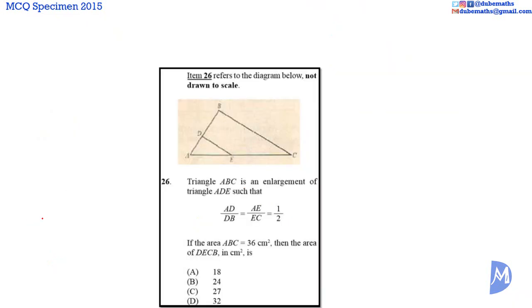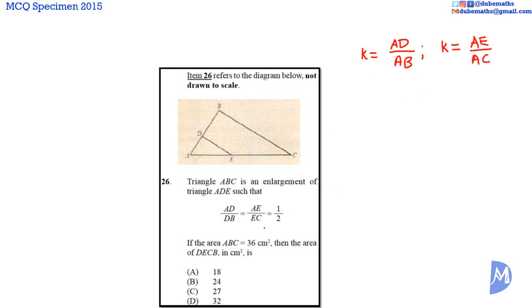Question 26. The linear scale factor K of an enlargement of ABC to ADE is equal to AD over AB, or K is also equal to AE over AC.